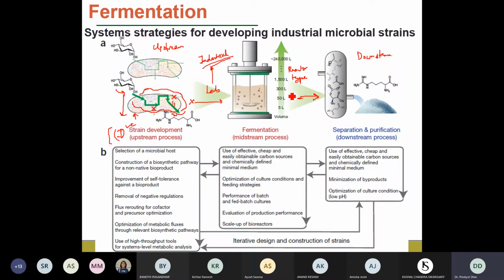Then, in the case of ethanol, because ethanol is a volatile product, we generally go for distillation to distill out the ethanol. After distillation, we do a second batch of distillation to improve the purity of the ethanol. So we look into what distillation stages are required. Let us start with this.